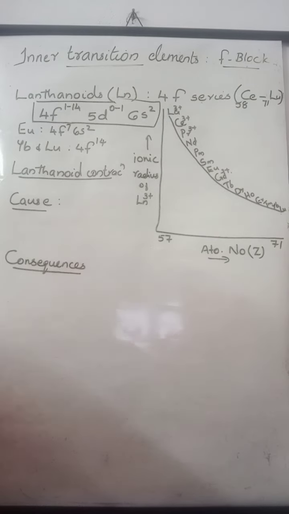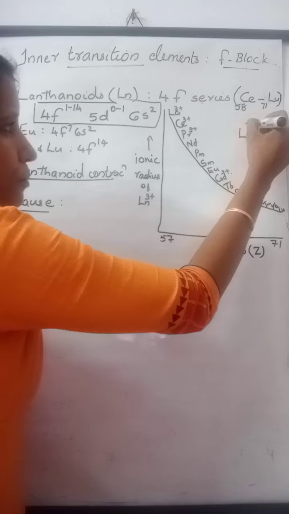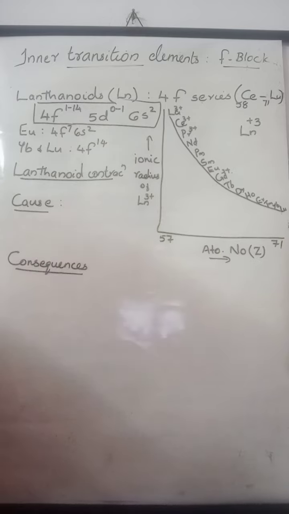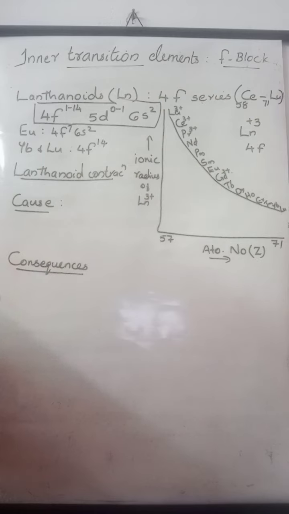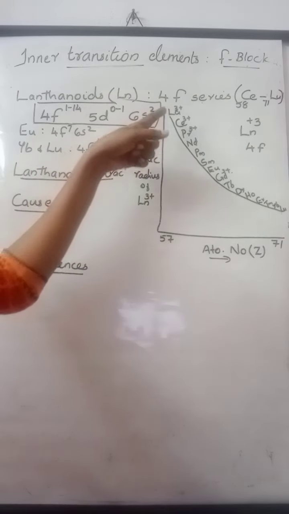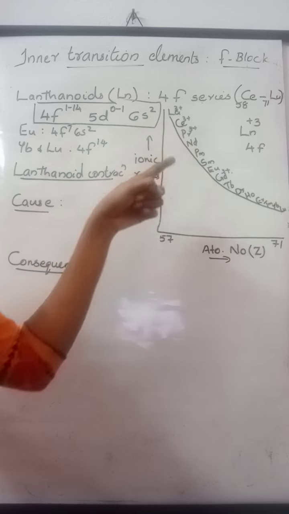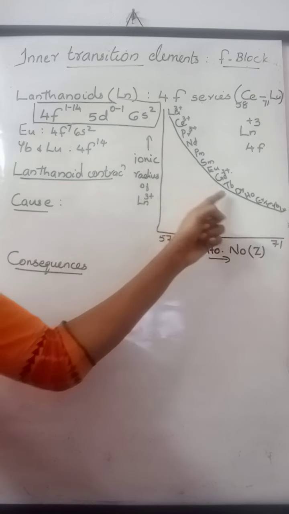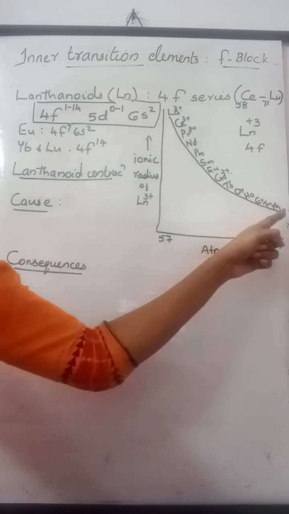Now the most common oxidation state of lanthanoids: all lanthanoids show a common oxidation state of +3. The lanthanoids are lanthanum, cerium, praseodymium, neodymium, promethium, samarium, europium, gadolinium, terbium, dysprosium, holmium, erbium, thulium, ytterbium, lutetium.